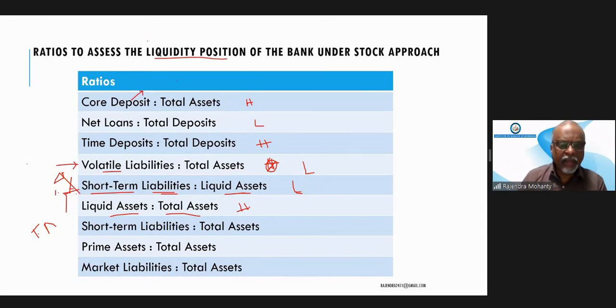Yes, 3 liquid assets to 10. Now, whether 5:10 or 6:10 is good, or 3:10 is good? A higher ratio, 5:10 or 6:10, is better than 3:10.